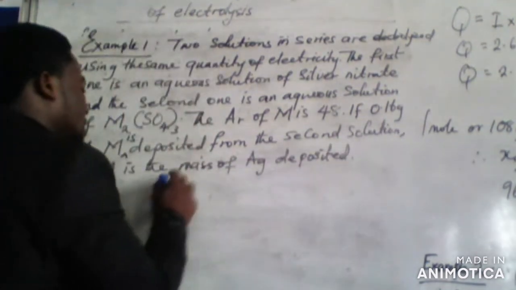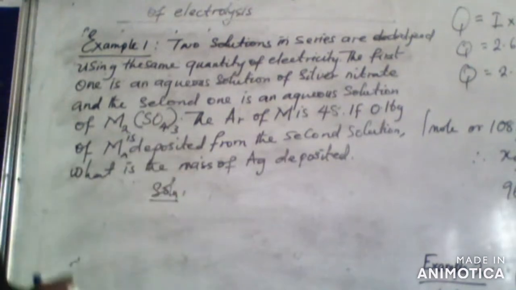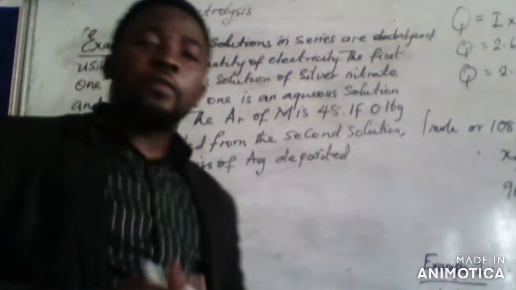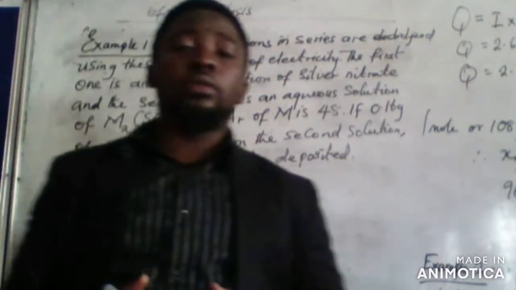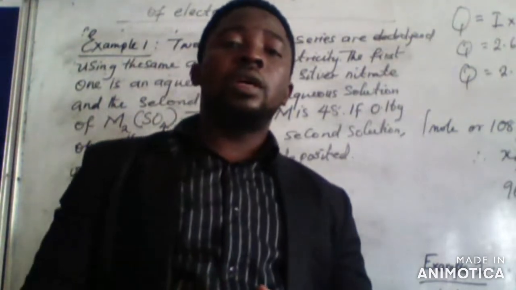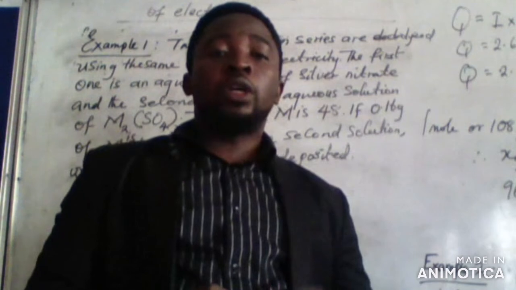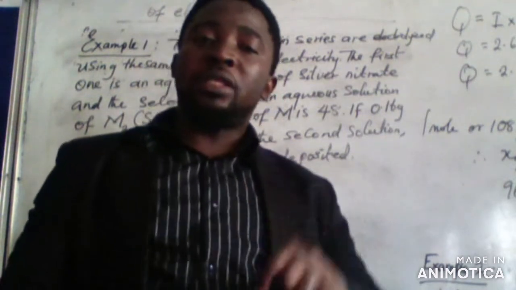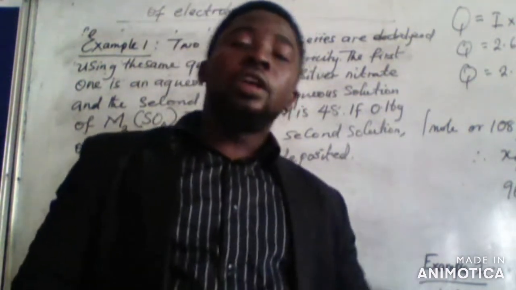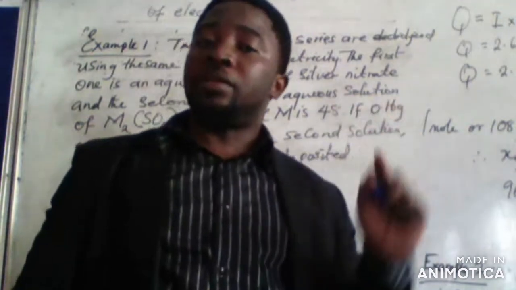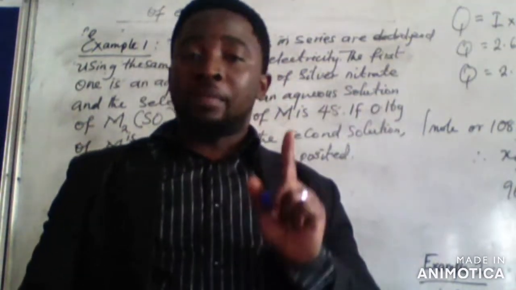All right. Now, when such a question is given to you, the first thing that you need to do is to first of all find out the quantity of electricity that was supplied. Because this same quantity of electricity that was supplied to the first cell is the one that was also supplied to the second cell. So it is fundamental.